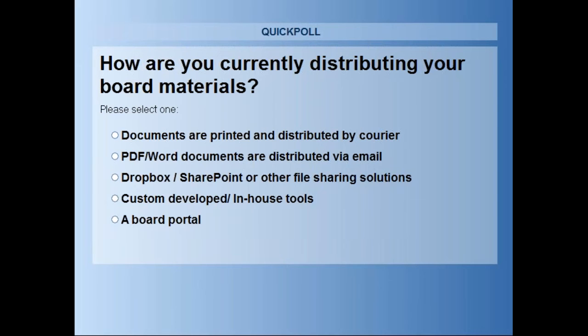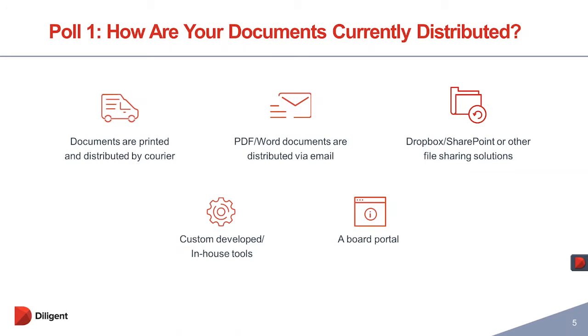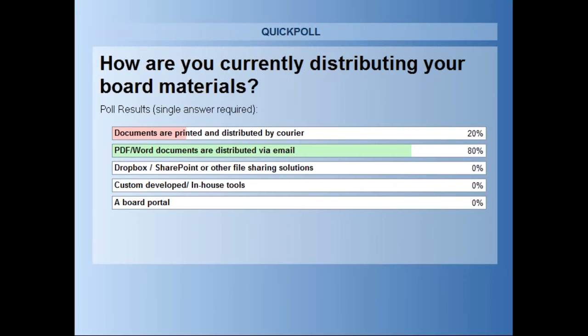As I can see, one moment, bear with us, we're still waiting for the votes. As we can see, the majority of you are using PDF sent via email, and then the second part are using paper. This is not a surprise, obviously.